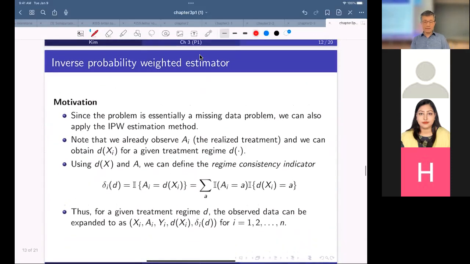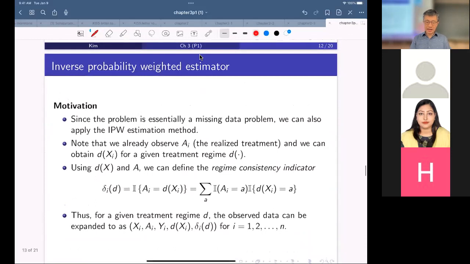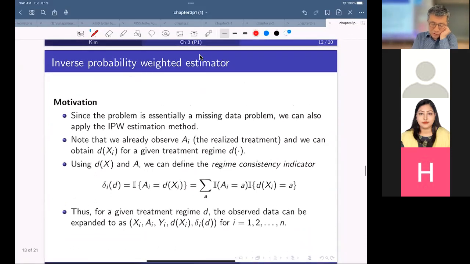What I was going to say is, remember the lecture note chapter 2, part 1. Exactly the same structure. We defined what tau is. Now we define what V_D is. That is a parameter.